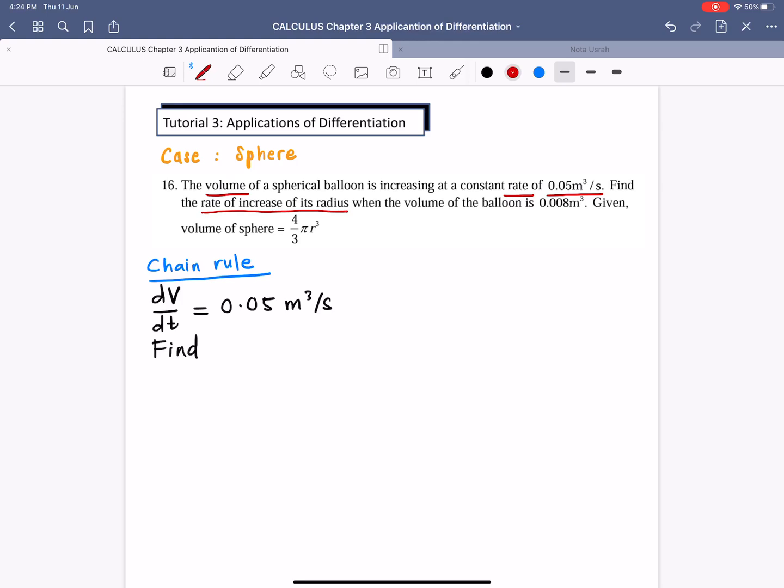Let's say radius is represented by r. So find dr/dt when the volume V is 0.008 meter cube.